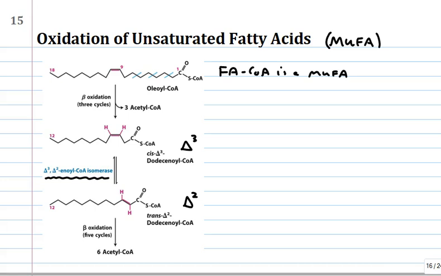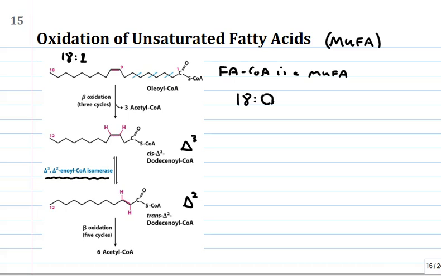Again, very difficult chemistry. If I said, hey, do this reaction in the round bottom flask with any available organic reagents you want, good luck with that. That would be very difficult. But this enzyme can make it happen. Now, here's the question. First of all, oleoyl CoA is 18 colon 1.